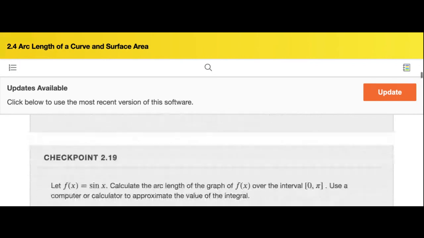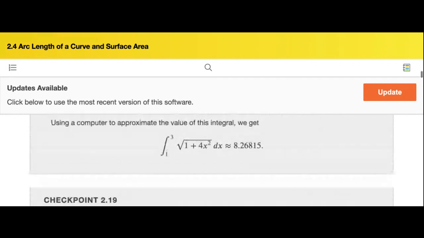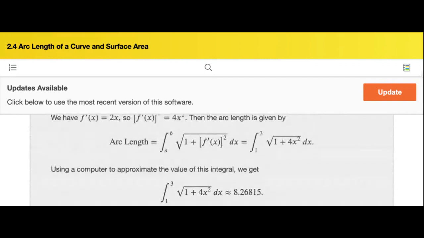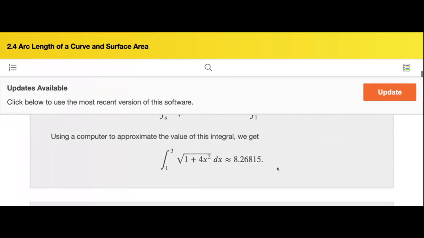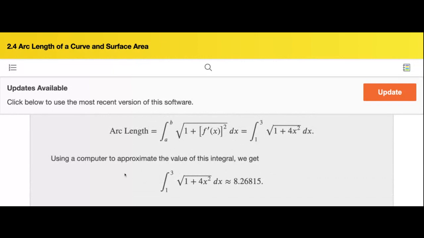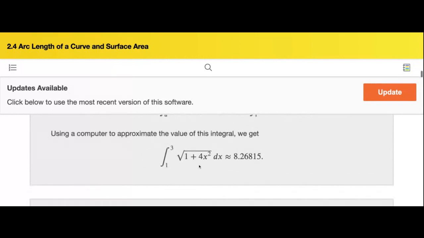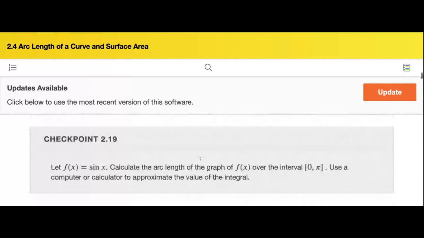If we use a calculator, we get that. But we can use trig functions, right? Anyway, for this problem, they just want you to use a computer or calculator to approximate.